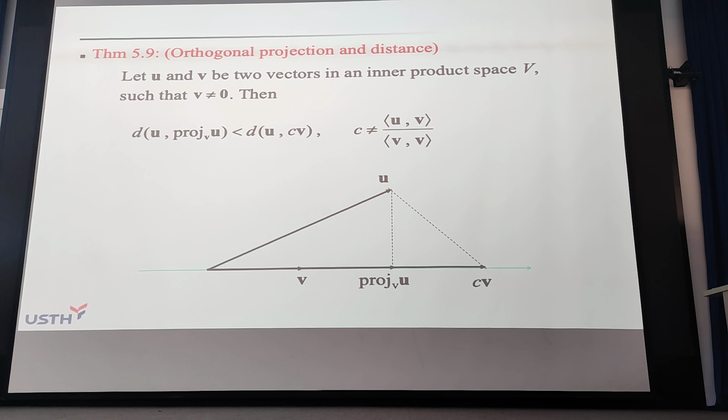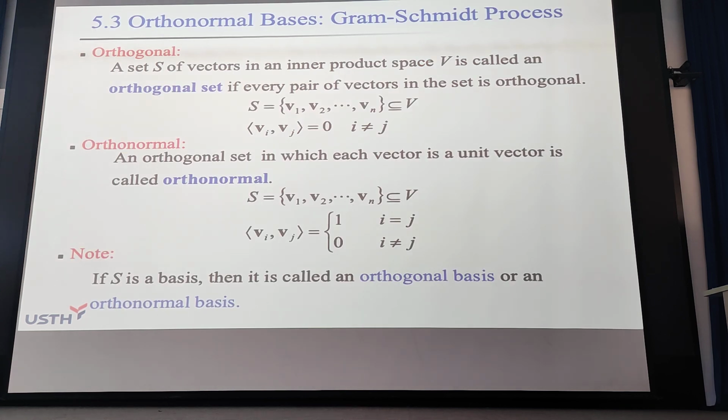By the end of today, we are going to use that property, but I will explain to you later. And then we are going to study the Gram-Schmidt process. As I told you, it is a nightmare for any student, and we are going to study it today.